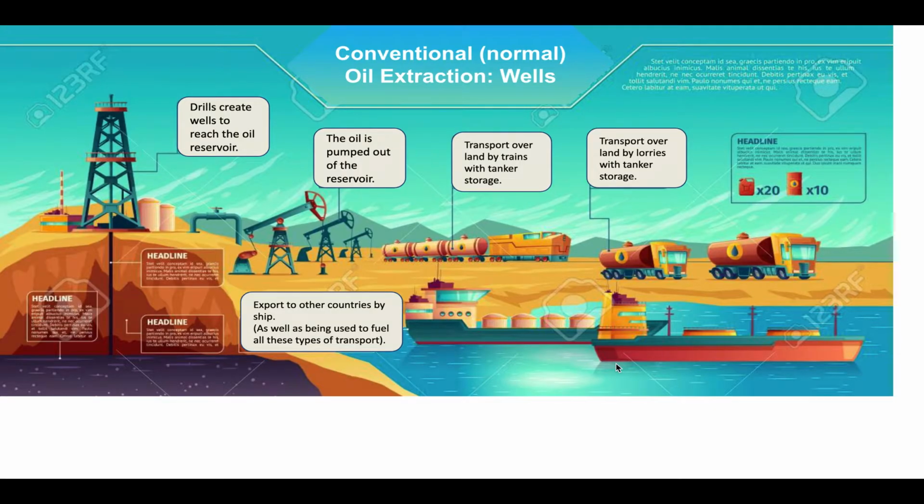So in this diagram, we're looking at very classic oil extraction, and it starts off with us building a rig and drilling a well, which is basically a big pipe that goes down through the Earth's layers to reach a reservoir of oil.